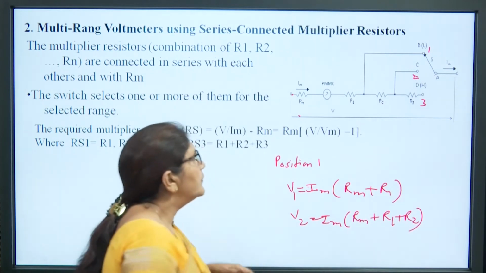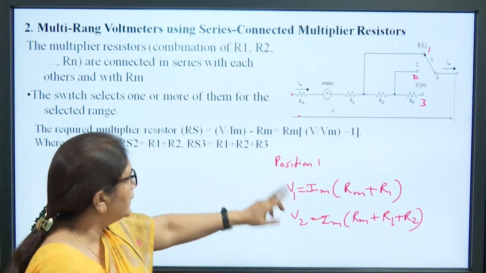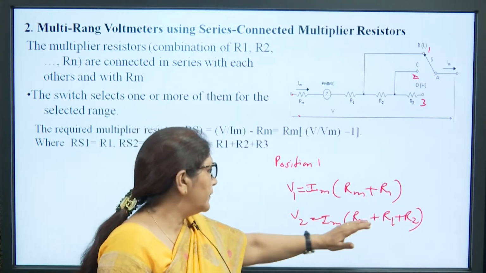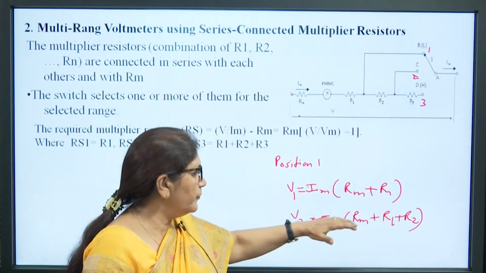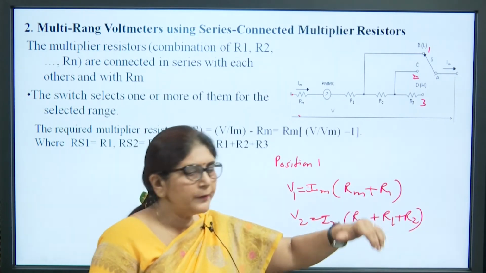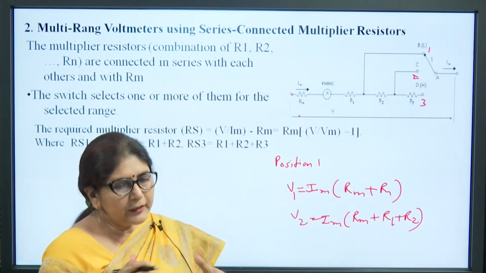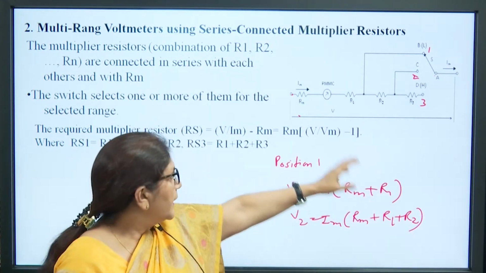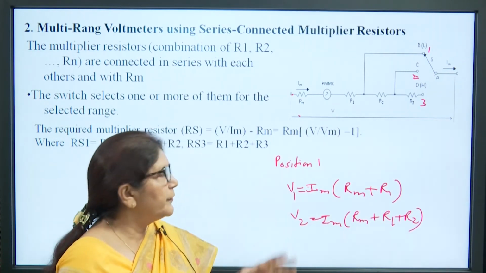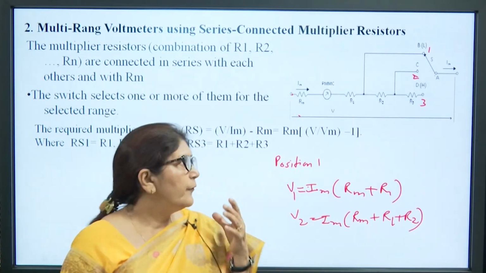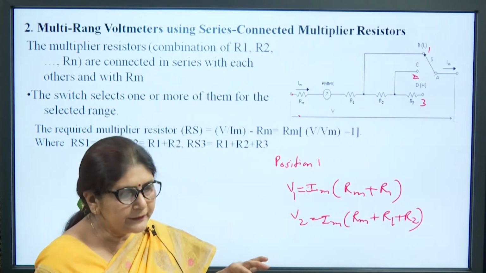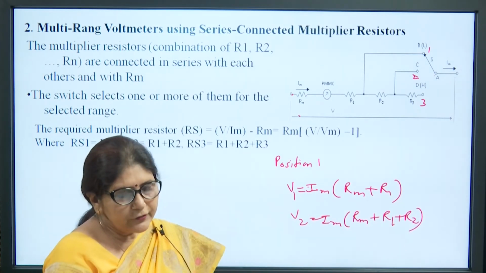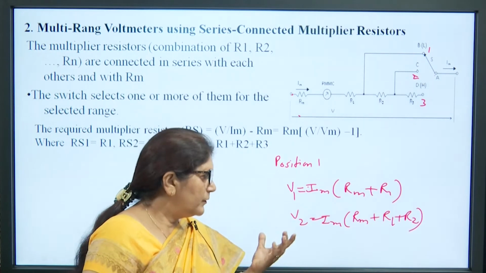Similarly, at position 3, V3 is equal to Im into Rm plus R1 plus R2 plus R3. So, as we want to increase the range of voltage, we have to increase the resistances. Here the difference between the values of resistances is very low, because they are connected in series, and in every calculation the resistances are added.